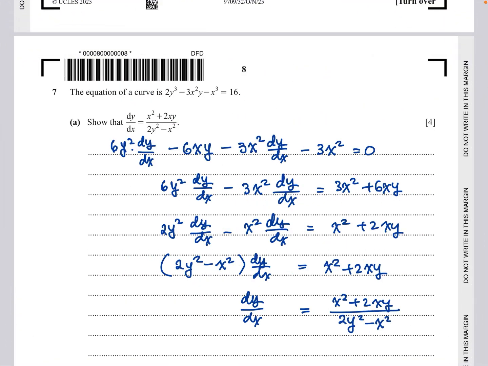Question 7. The equation of a curve is 2y cubed minus 3x squared y minus x cubed equals 16. A, show that dy over dx is equal to x squared plus 2xy over 2y squared minus x squared.